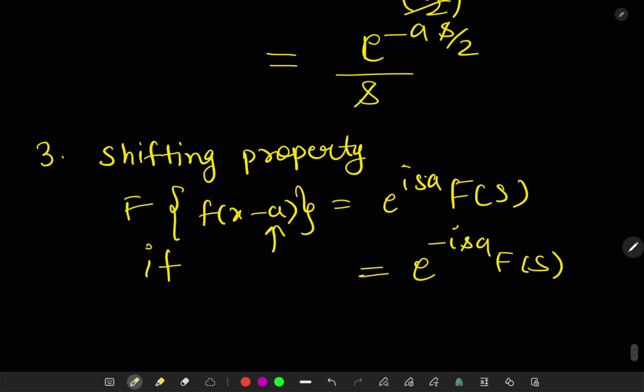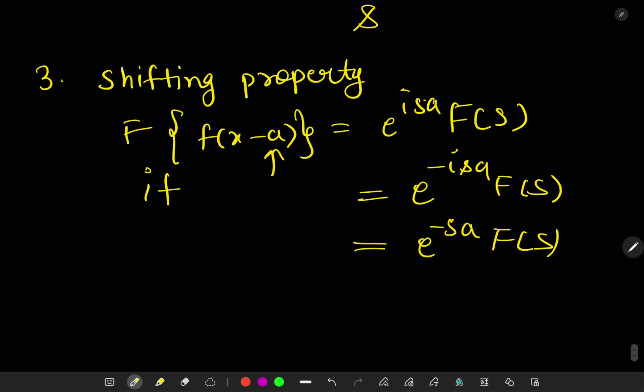If there is an iota term, means iota a, so this term becomes e raised to power minus s a f of s. And similarly for plus iota a, here this term becomes e raised to power minus s a f of s.